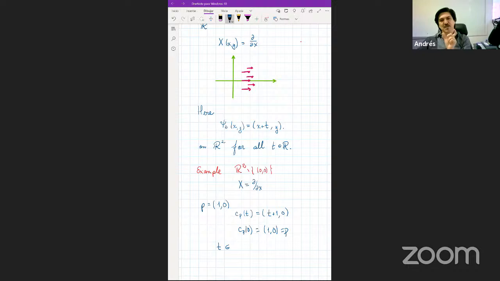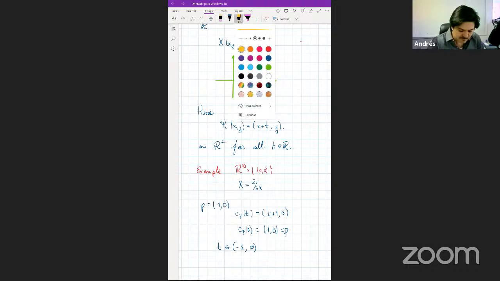And I must choose the one that contains my base point. So what is the domain here? From -1 to infinity. Like this, right? Okay.